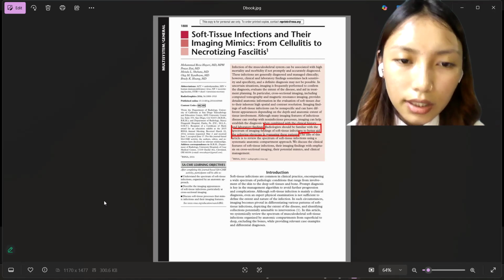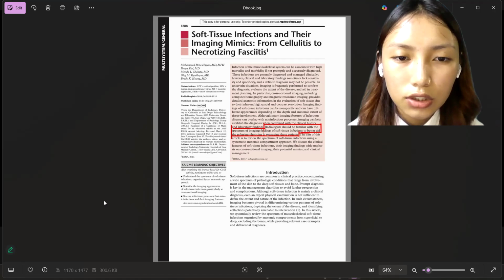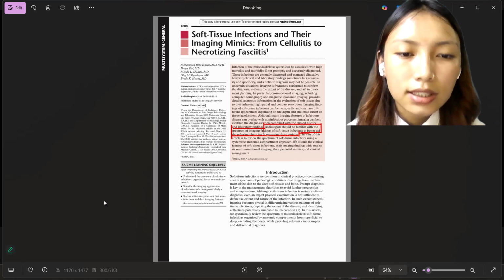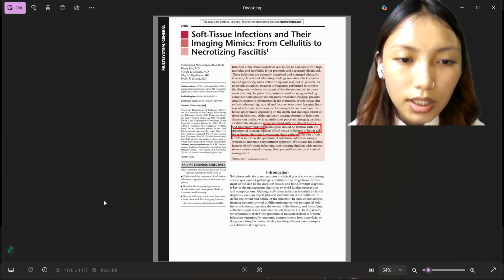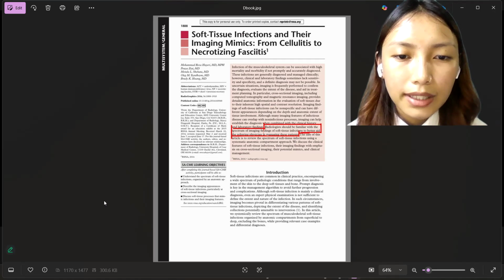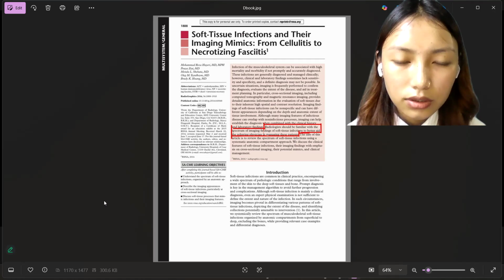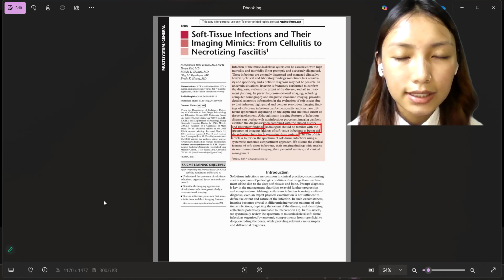Radiologists should have a clear understanding of the full range of imaging findings seen in soft tissue infection, because these infections can appear in many different ways depending on the cause, severity, and stage of the disease.